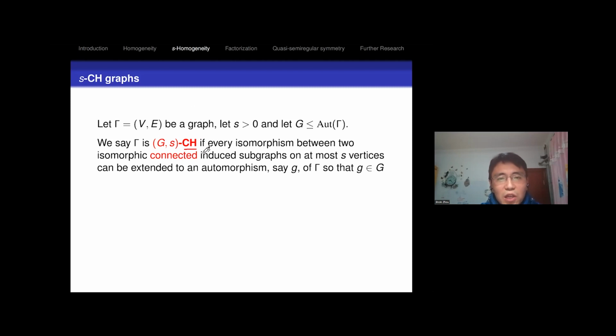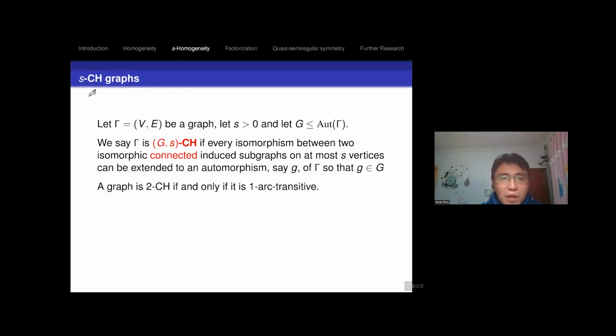So G-s-CH means every isomorphism between any two isomorphic connected induced subgraphs on at most s vertices can be extended to an automorphism g of gamma, so that this little g belongs to capital G. This is the definition of a G-s-CH graph.